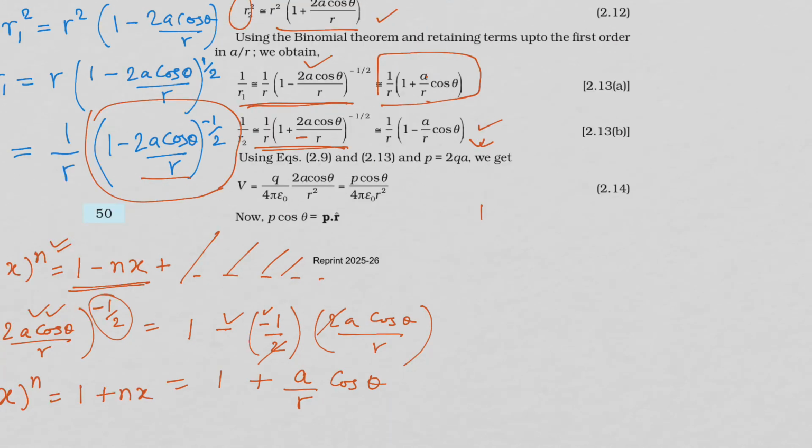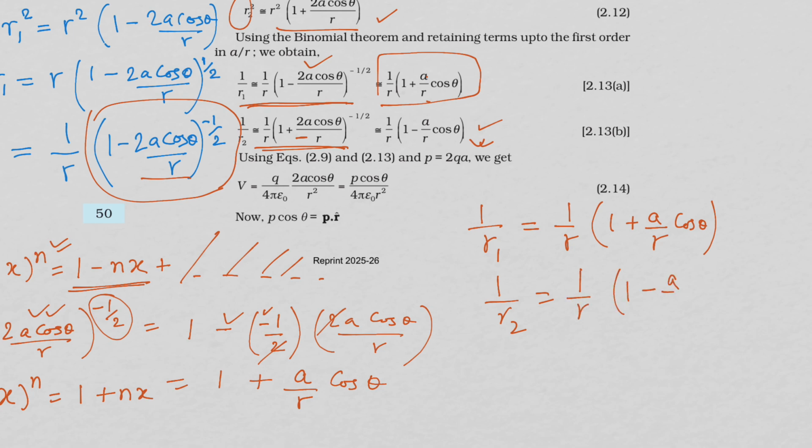So our 1 by r1 is now 1 by r times 1 plus a by r cos theta, and 1 by r2 is equal to 1 by r times 1 minus a by r cos theta.